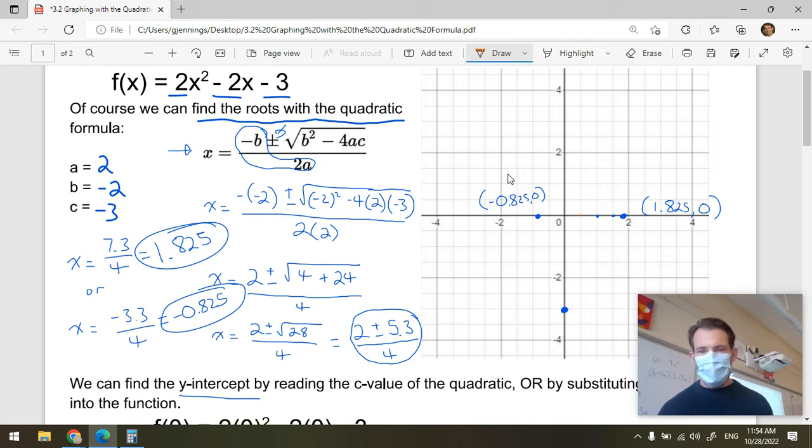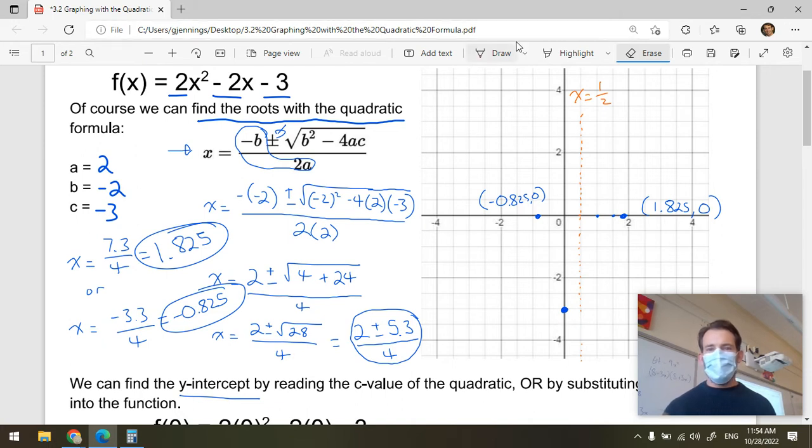And so I'm going to draw a little dotted line for the axis of symmetry. And then I can even label it x is equal to 1 over 2. So that's the axis of symmetry. I know the vertex is going to be somewhere down here. But exactly where? Let's find out.